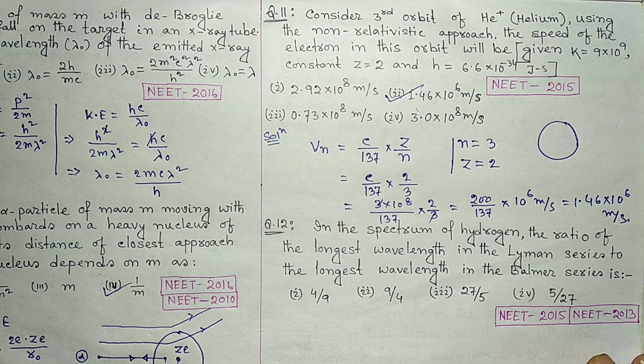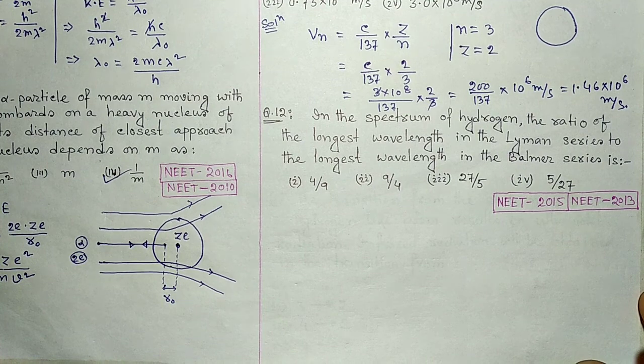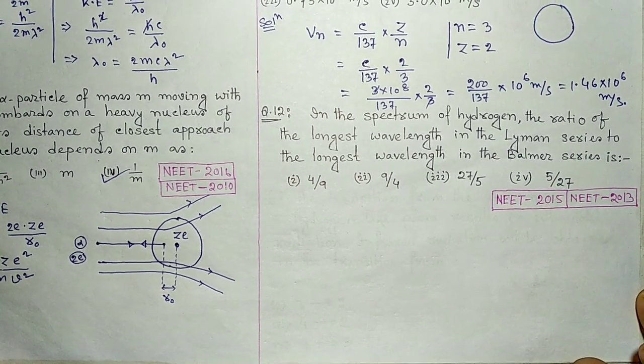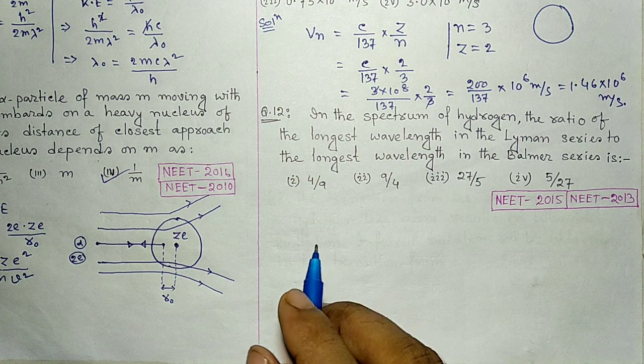Now the next question is question number 12. It says that in the spectrum of hydrogen, find the ratio of the longest wavelength in the Lyman series to the longest wavelength in the Balmer series.